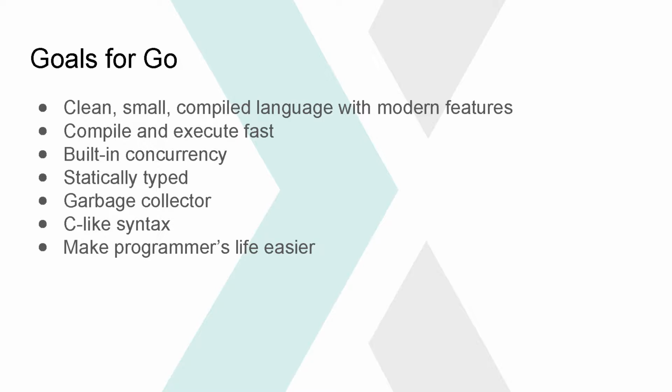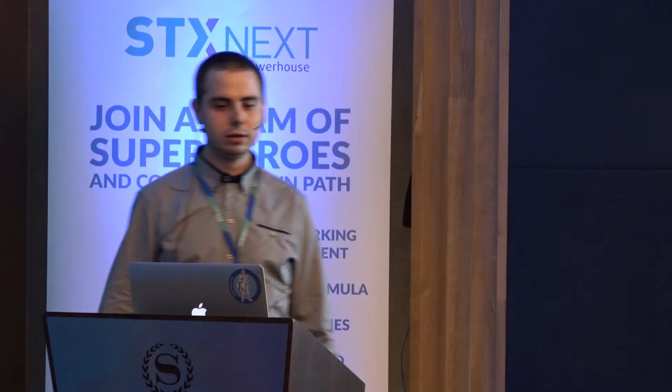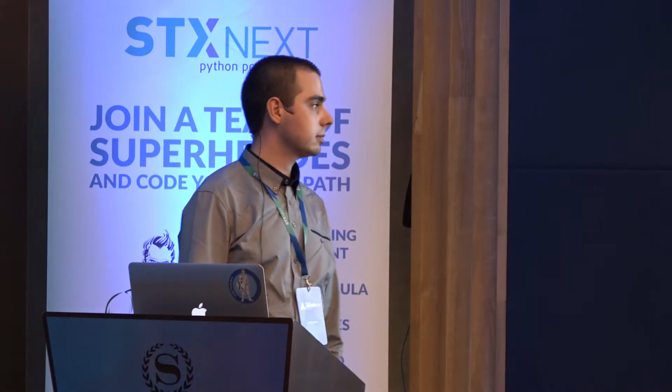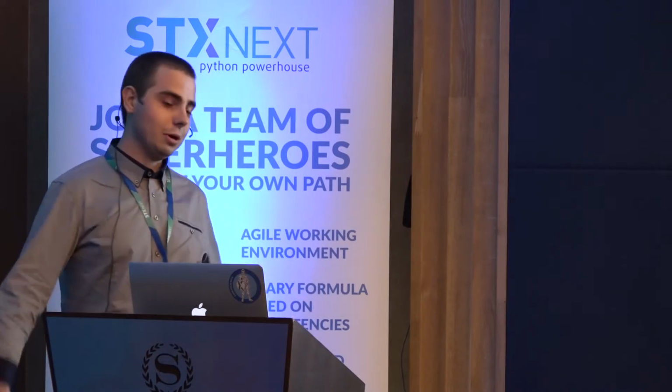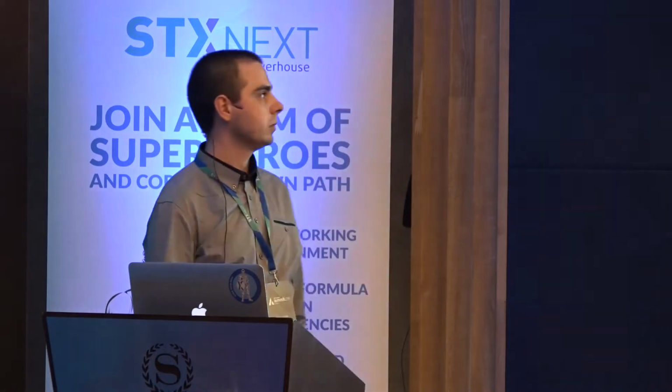It has built-in concurrency. It's statically typed, so it executes faster than Python. It has a built-in garbage collector. It has C-like syntax, and one of the goals is to make programmers' life easier, which actually I think happened.